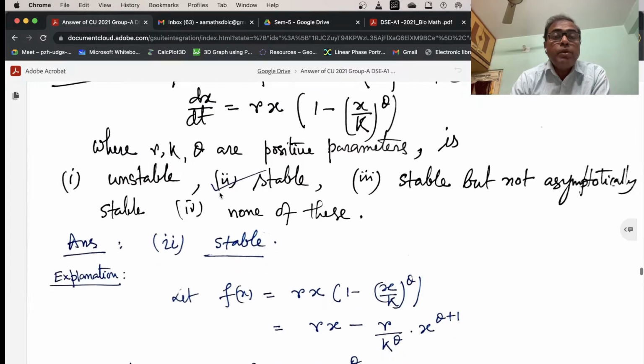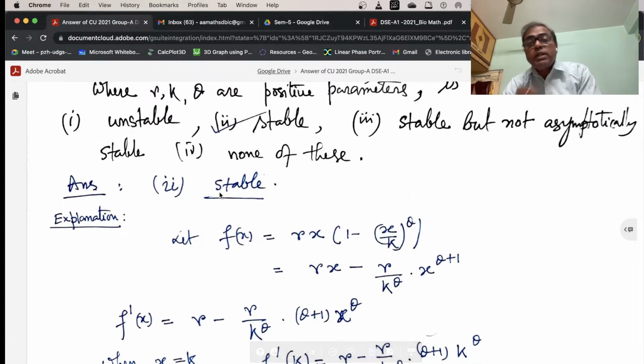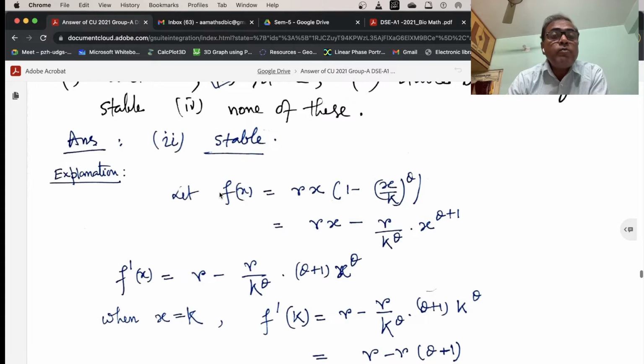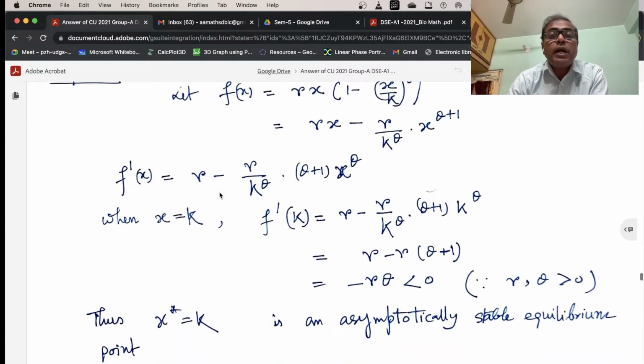The answer is stable because dx/dt = f(x), where f(x) = rx(1 - x/k)^θ, and now we find f'(x), which is r minus (r/k^θ)(θ+1)x^θ.